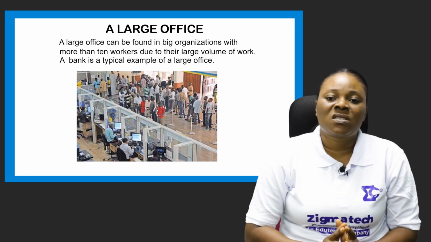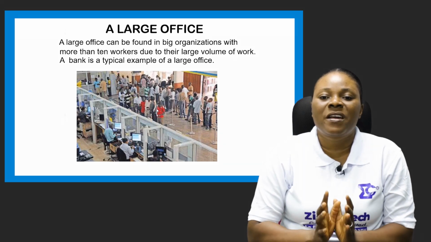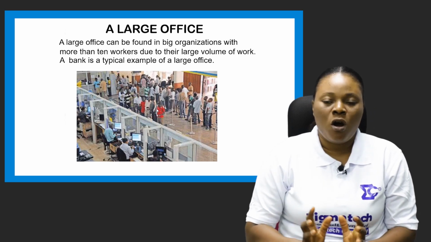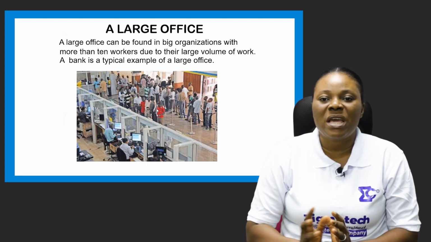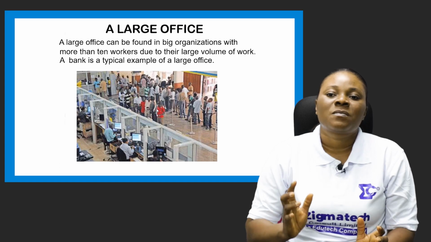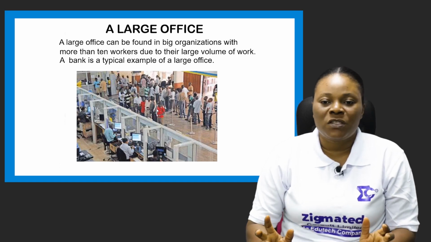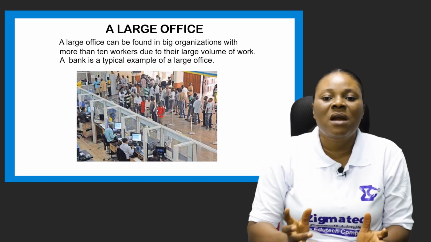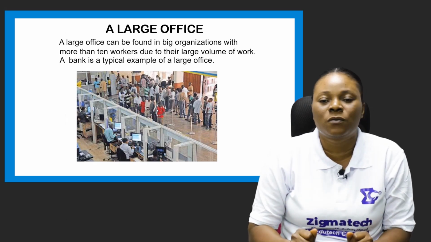You can be asked to compare or differentiate between a small and a large office. So I believe with this, you should be able to basically differentiate between a small office and a large office. So in case you are asked to do that, let me just give you some differences between the two.